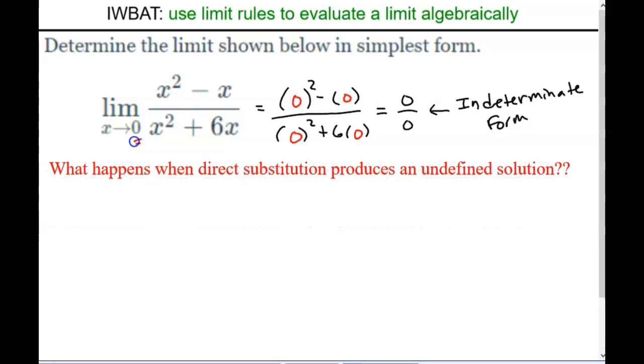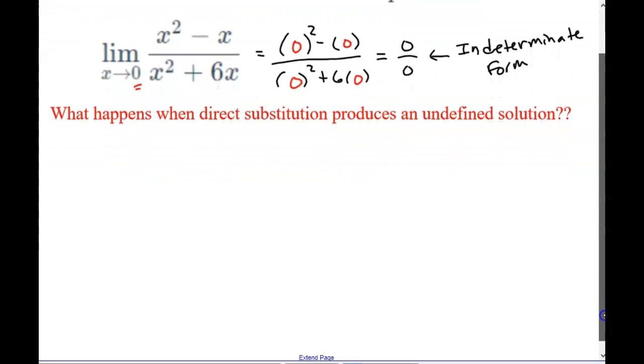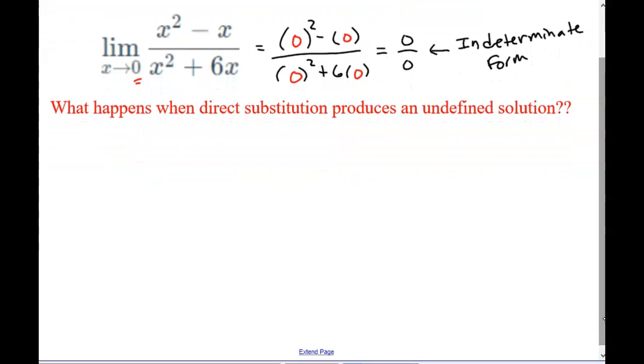What happens when direct substitution produces an undefined result or an undefined solution? And this is the big part of what we're getting to today. So when you try direct substitution and it doesn't work, this is not an answer we want to see. It's not saying that there isn't an answer, but is there anything else we can do?